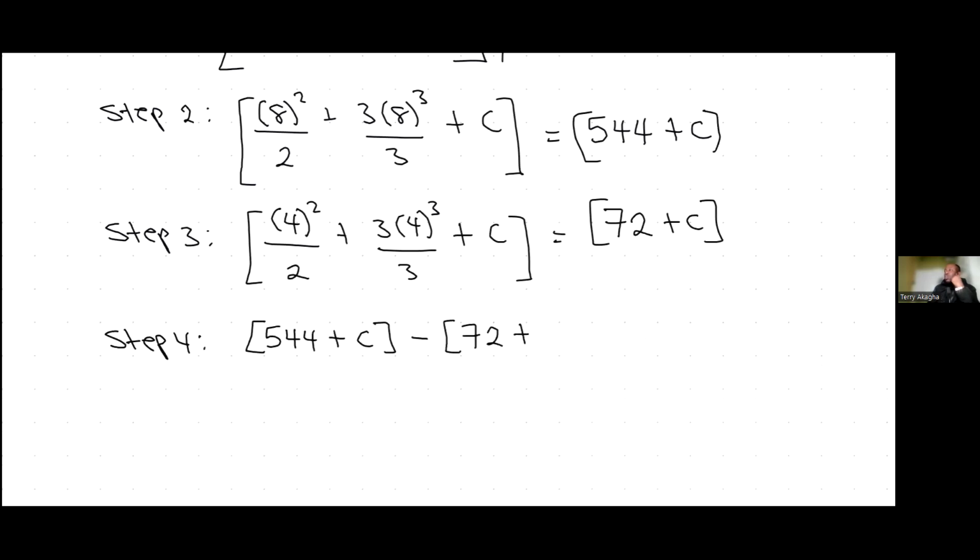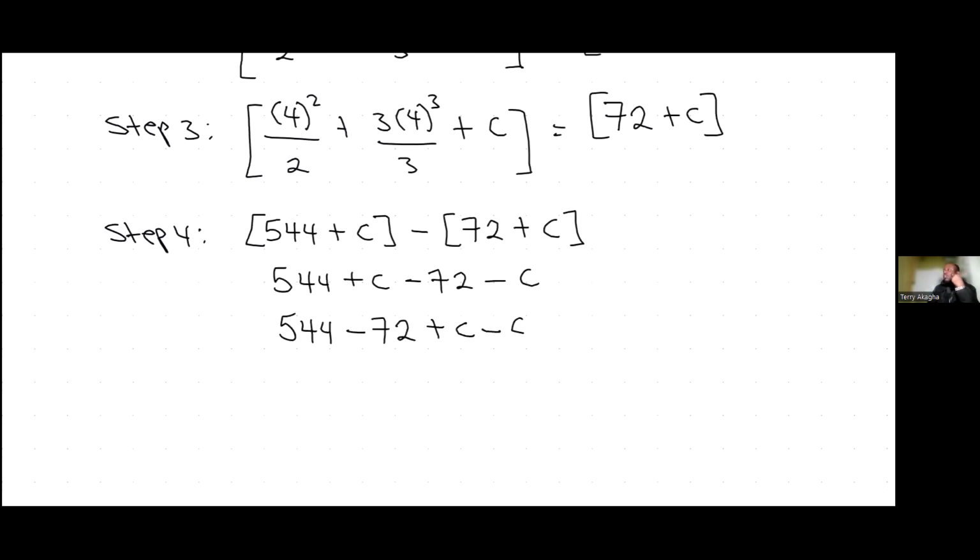You open the brackets, so it gives us 544 plus c minus 72 minus c, because the minus opens the bracket, and minus times plus gives you minus. You collect like terms, so it gives us 544 minus 72 plus c minus c. You can see the plus c and the minus c cancel each other out. Is that making sense? So you're left with 544 minus 72.